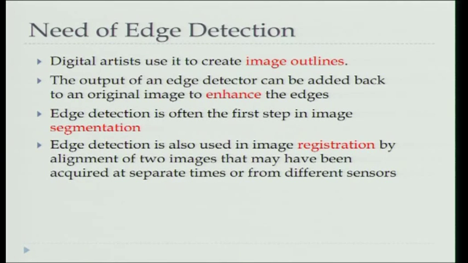The third one is the most important one, that is image registration. So, suppose you have 2 images and you want to register these 2. Register means that you want to superimpose one on the other one. How to do it?